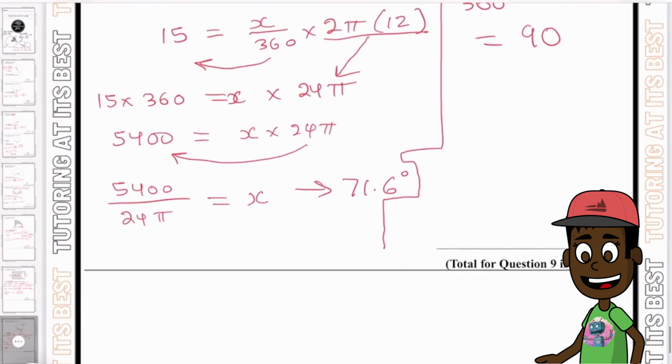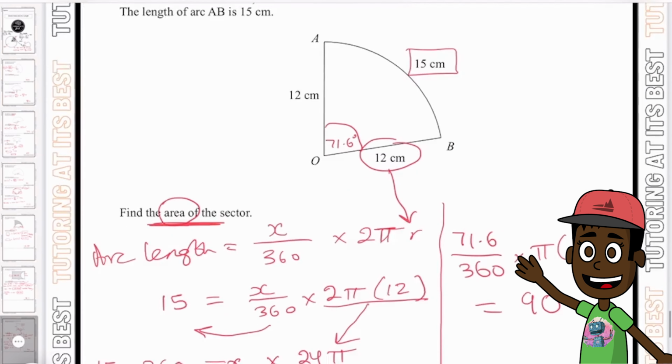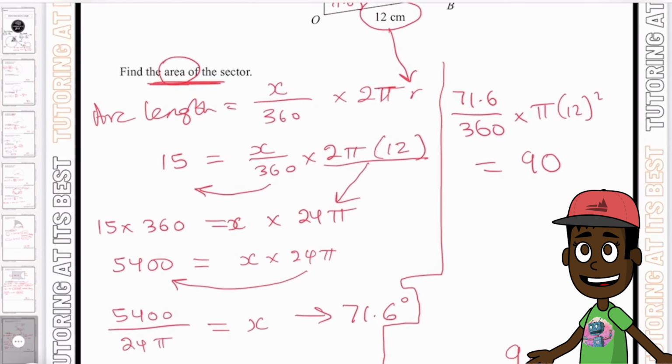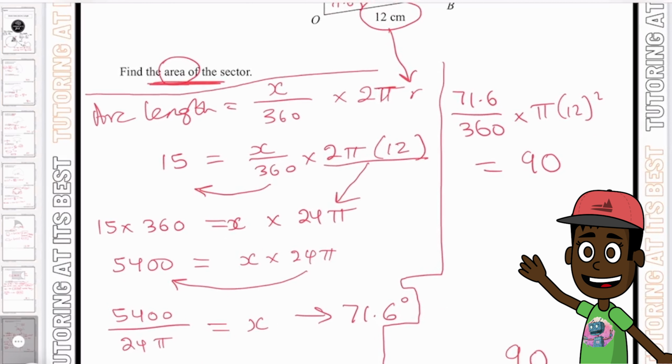And there we are. So let's quickly recap what we did here. They gave us a sector of an area minus the angle, and they asked us to work out the area of the sector. So step 1, we calculated the arc length, and we knew to substitute all of the values that we have.